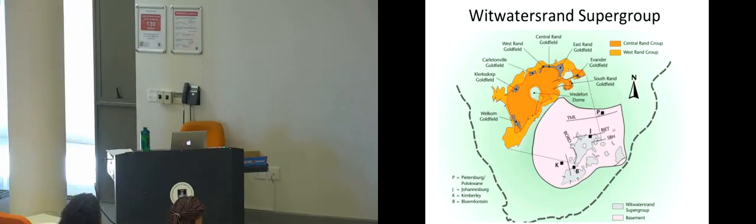A craton is the kind of core part of a continent. So Africa is made up of a number of cratons. North America, Australia, all of the major continents at their heart have these cratons. They're mainly all Archean in age, and they all consist, as we saw in Barberton, of greenstone belts and granites.